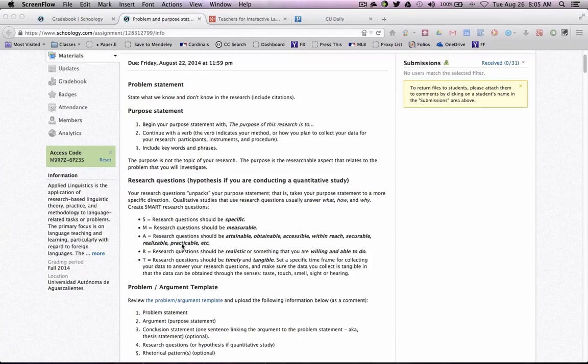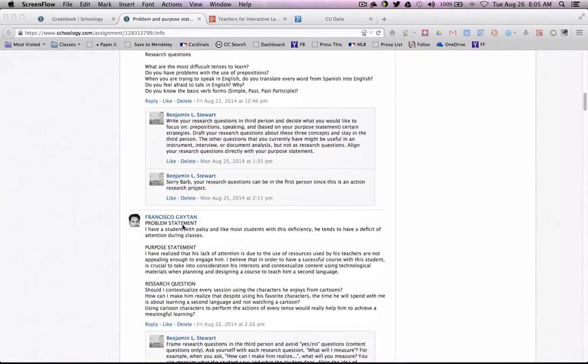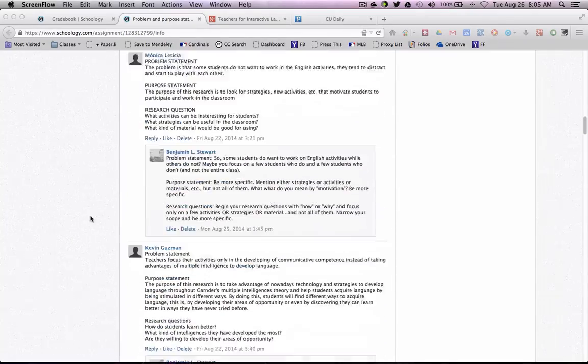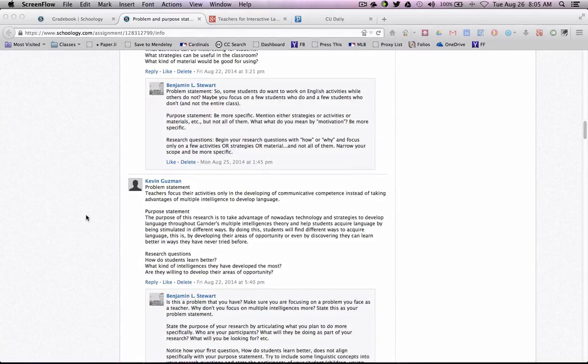You need to focus on one or the other. So depending on your problem and the purpose, choose one of those aspects to focus on, and that will also be reflected in your research questions. So do take a look at the general feedback here that I'm providing. Basically, in most cases, try to narrow your scope, try to be more specific, and think in terms of either written discourse or written information or spoken dialogue or oral communication.